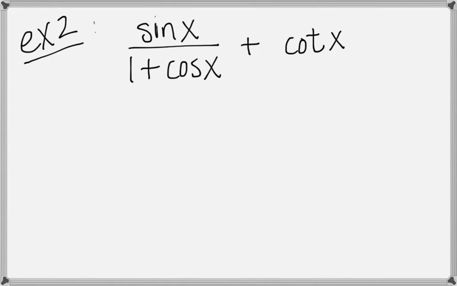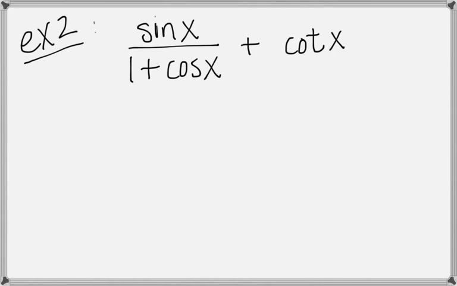Here's the next one. All done? All right, so the key here is knowing what's in your toolbox, all those identities, and using those tools to try to get this from 3 functions, sine, cosine, and cotangent, down to as few functions as possible, hopefully only 1.